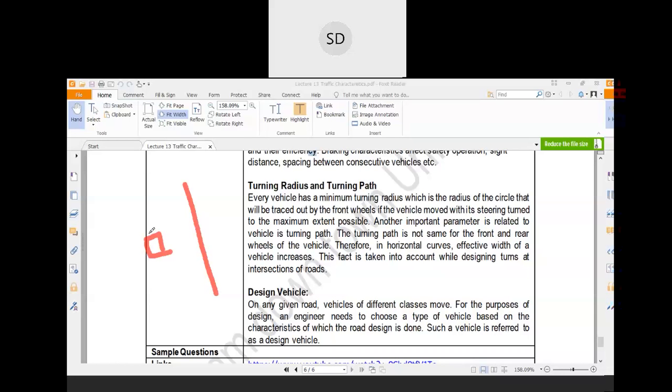So all these types of vehicles are converted into a single entity. That single entity is nothing but the design vehicle.